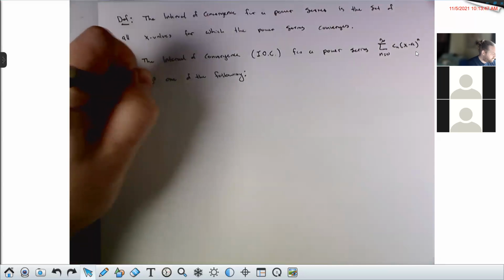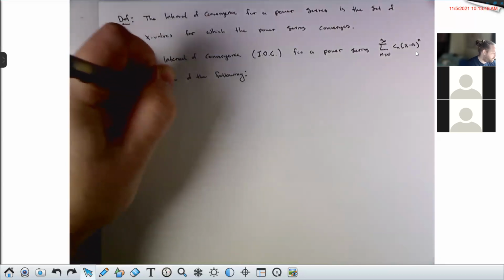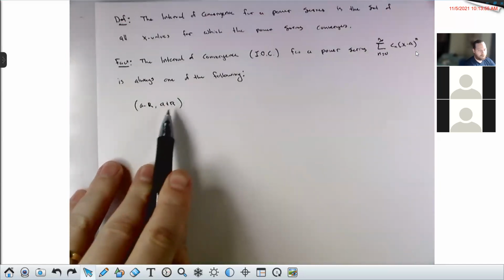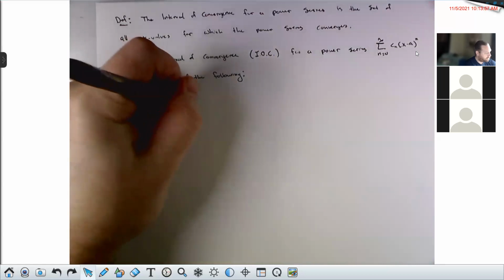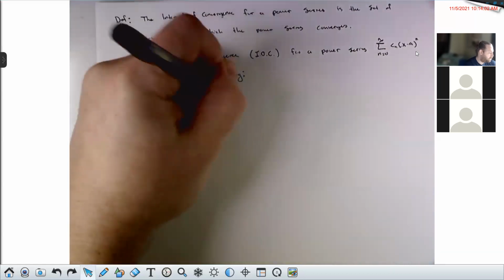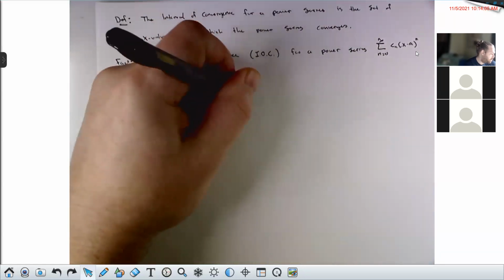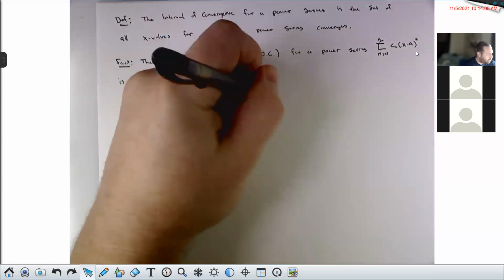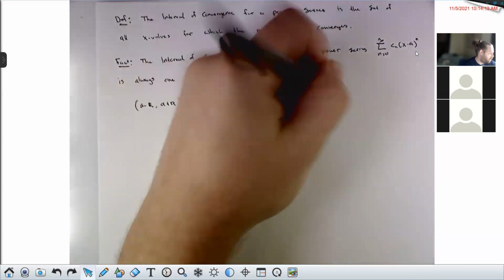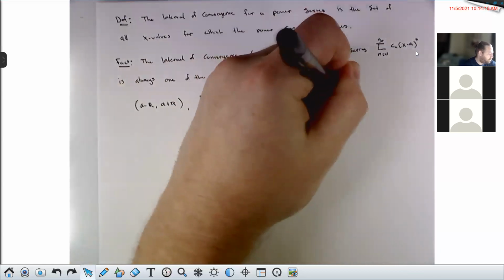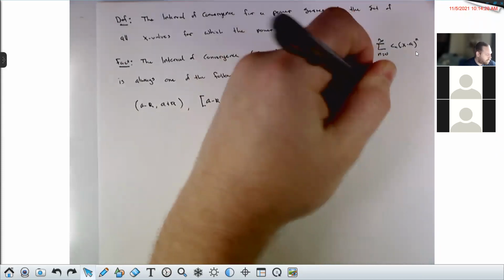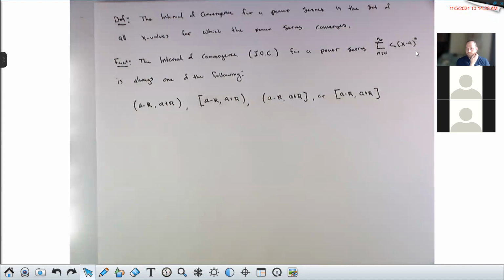It could be like that last example, the open interval from the center minus the radius of convergence to the center plus the radius of convergence. It could be the left closed, right open interval. It could be the left open, right closed interval. Or it could be the closed interval. But it will always be one of these, right?